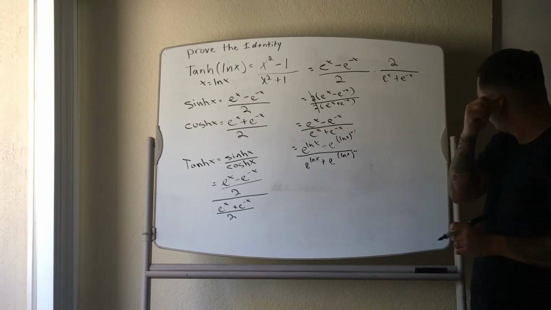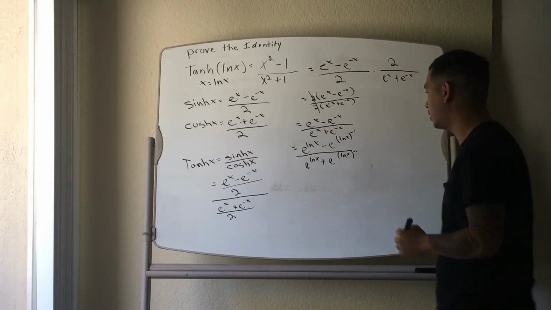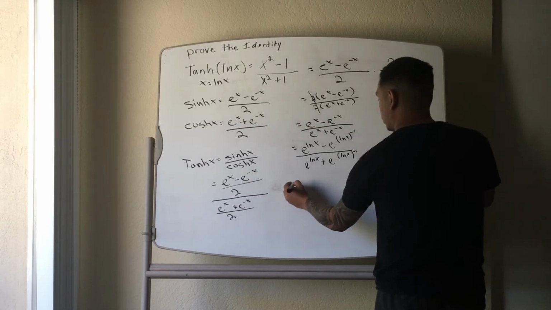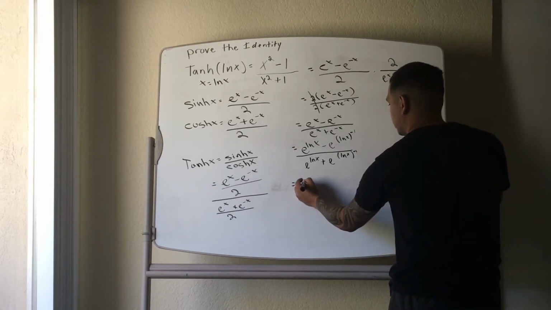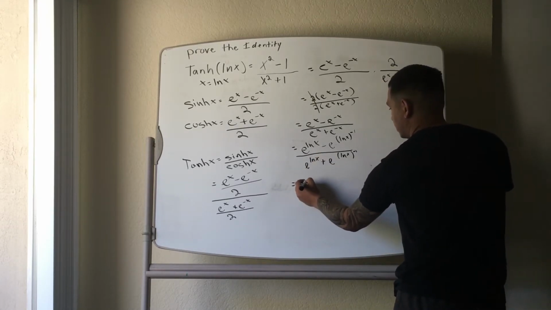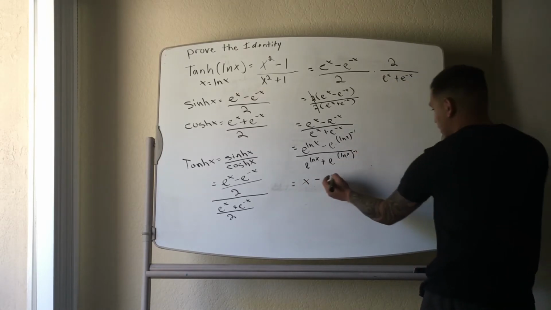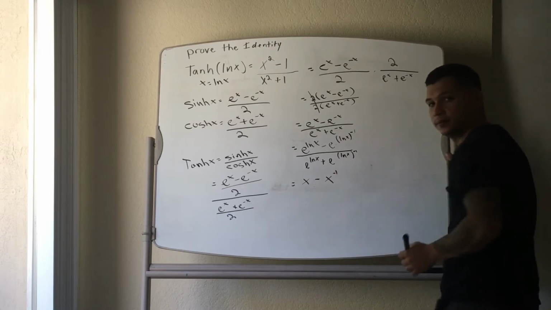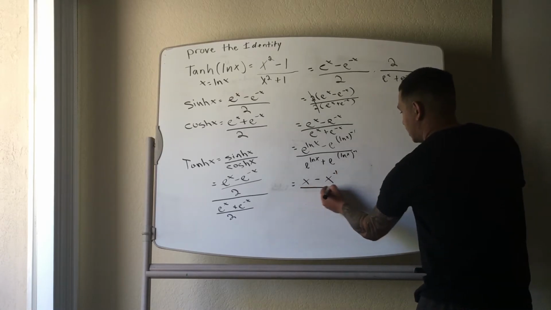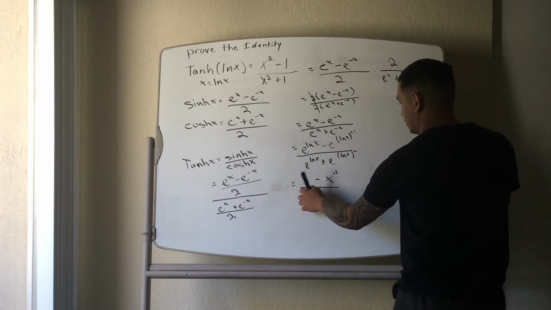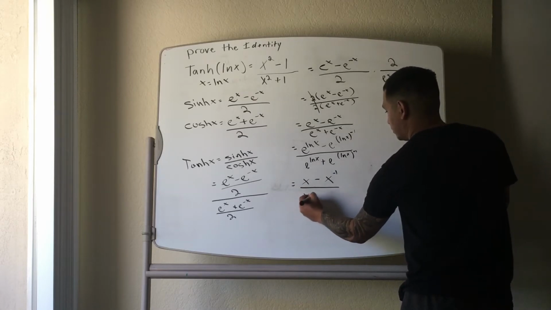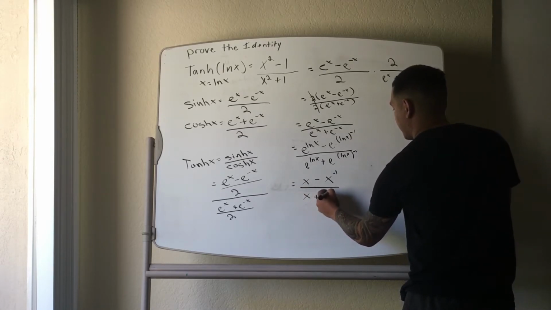So we have it up there. Now we can use that identity. So this e to the ln of x becomes x, and e to the ln x to the minus 1 is x to the minus 1. And then we're going to do the same on the bottom. Okay?